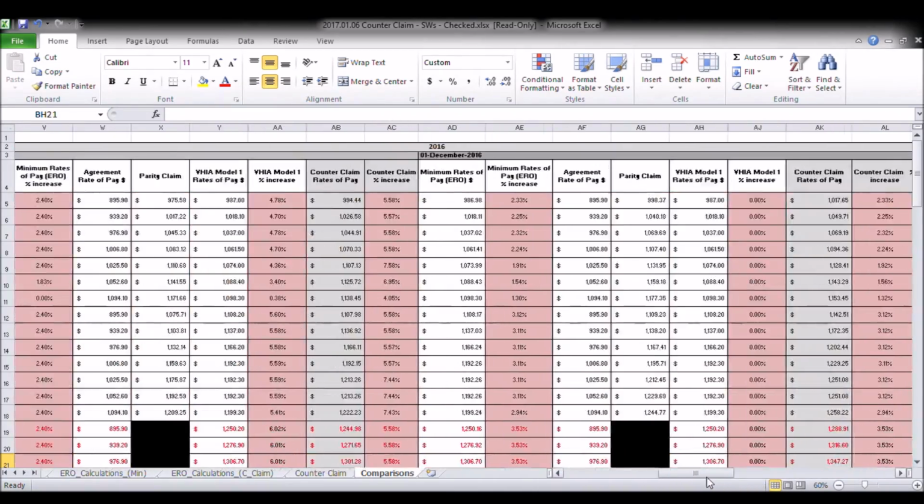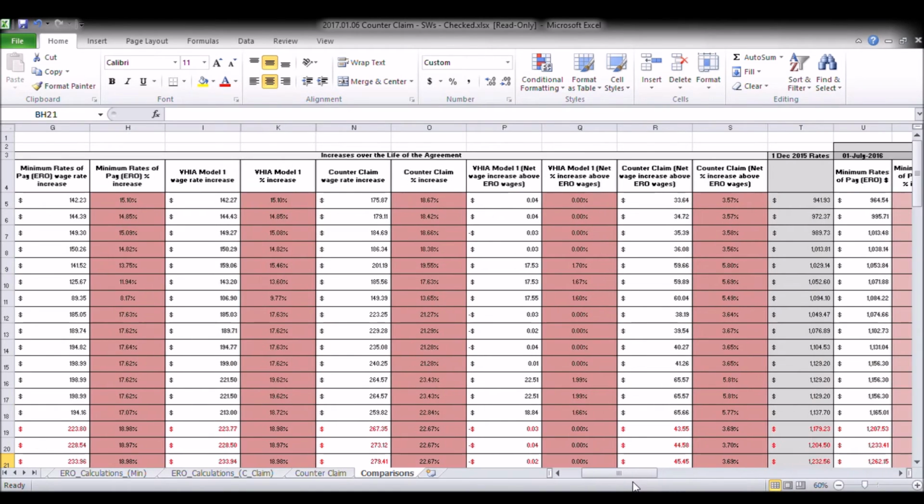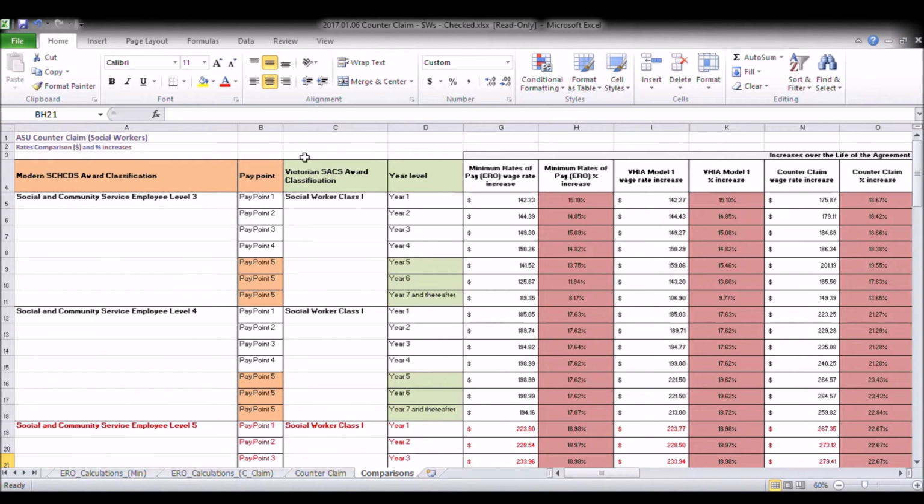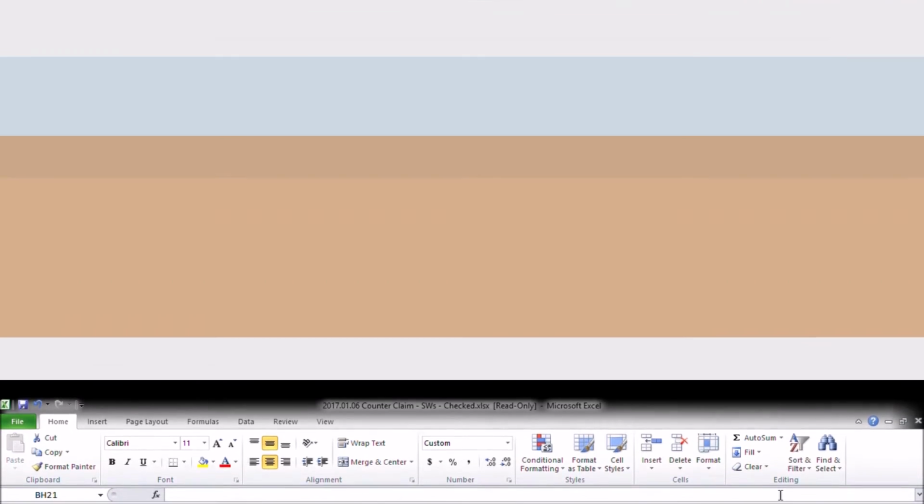So this spreadsheet is just an additional way that community health centres may want to look at to cost the ASU proposal. The spreadsheet format is the same for the other occupations. However, they do contain different wage rates.